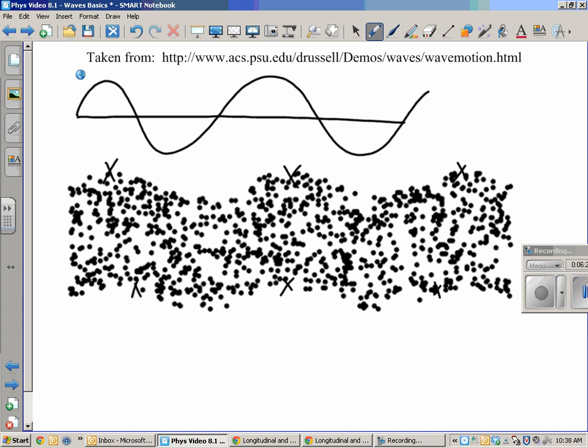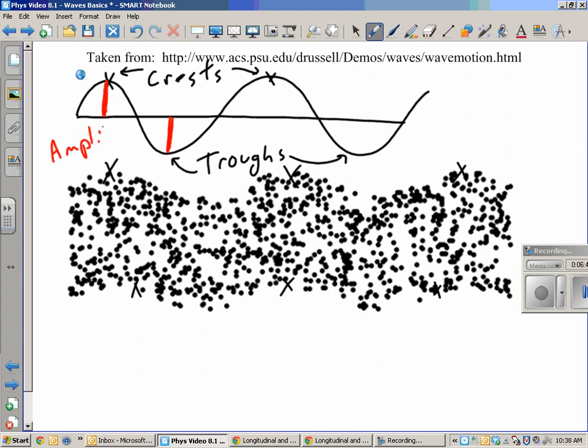The high points are called crests, and the low points are called troughs. Then the height of a crest, this distance here, or the depth of a trough is called amplitude. I'll give you a definition of that in a minute, written out. But that's the height of a crest or the depth of a trough.